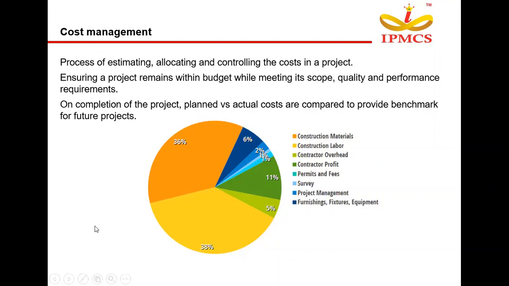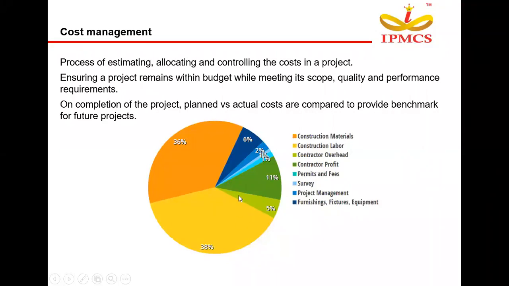Here we have a pie chart which represents the project construction cost, and how it is spread out through the entire project activities. Out of everything, 36% and 38% is incurred by construction materials and construction labor cost.